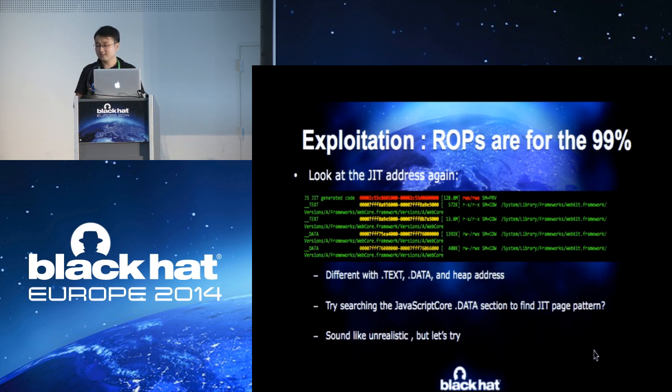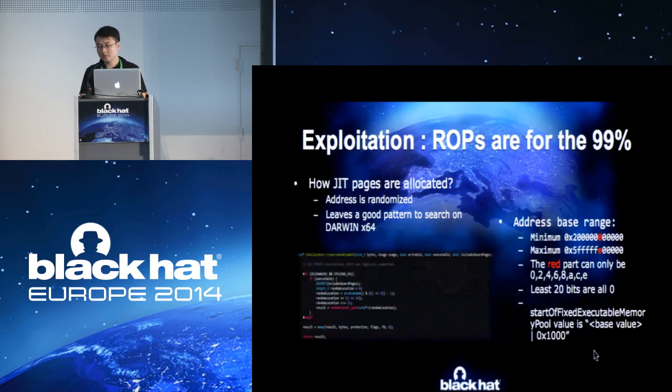So we can find a smarter way to find the JIT page by looking at the source code for when the JIT page is allocated. We can see it just allocates a random value and does some shift. So you can see the highest bits are always 0, and the least 20 bits are always 0. And it has a minimum value and a maximum value.